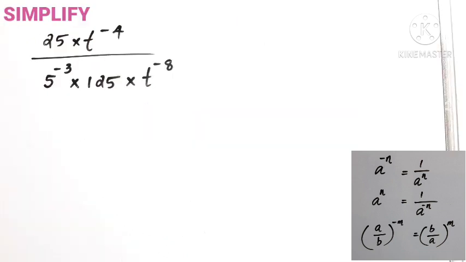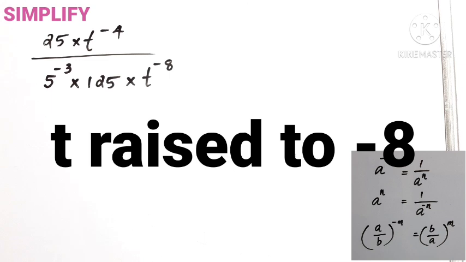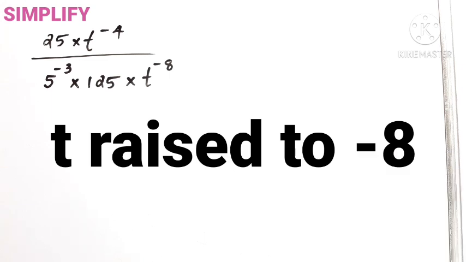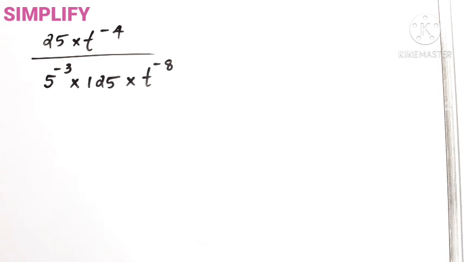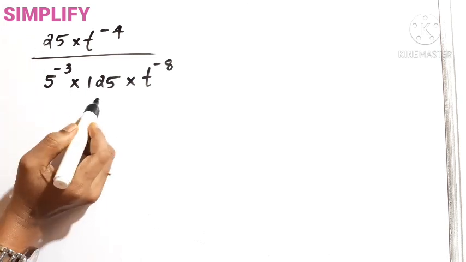Simplify (25 into t^(-4)) all divided by (5^(-3) into 125 into t^(-8)). Listen, children, here to simplify this, first we should check whether there are any numbers. In this question we can see two numbers, 25 and 125.